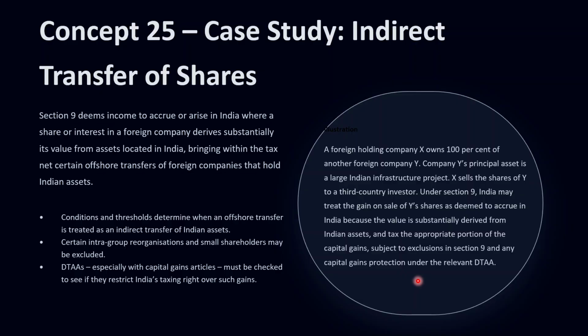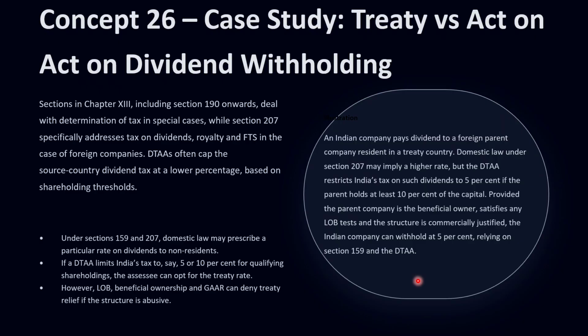So guys, from a planning perspective, one has to check both the domestic indirect transfer rules and the treaty protection before structuring such exits or such deals. So this is the concept of indirect transfer of shares. Let's move to our next concept now.